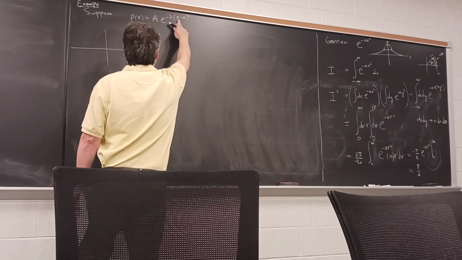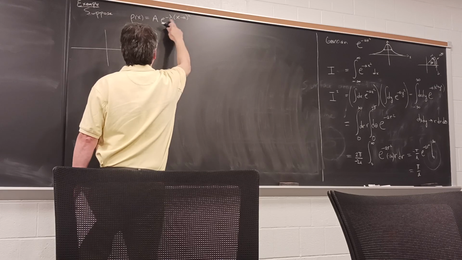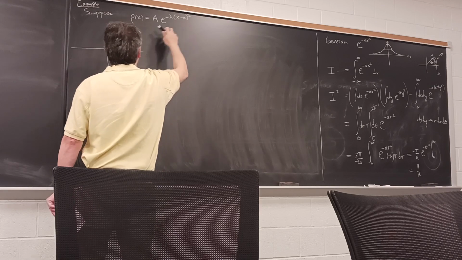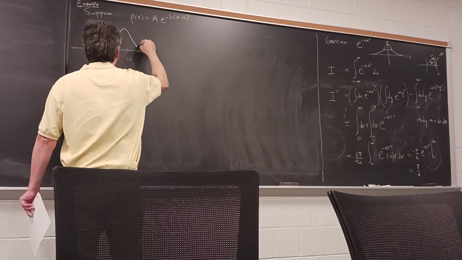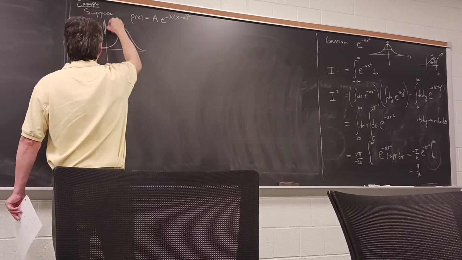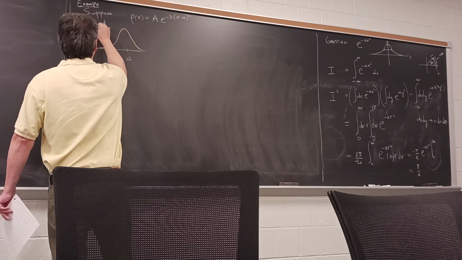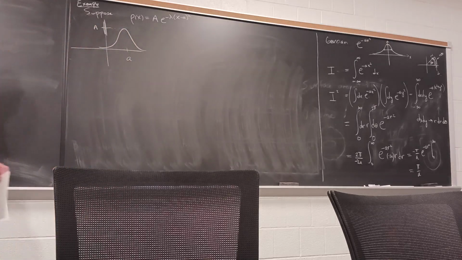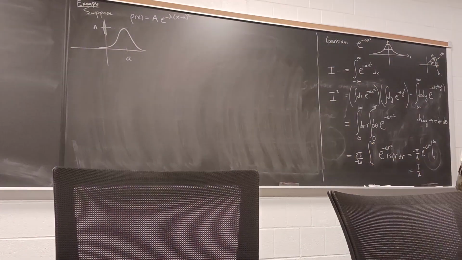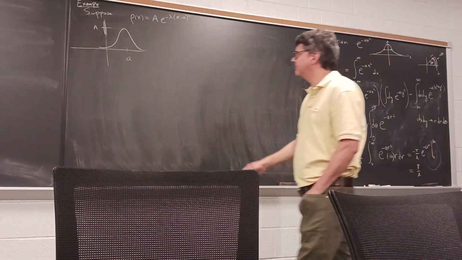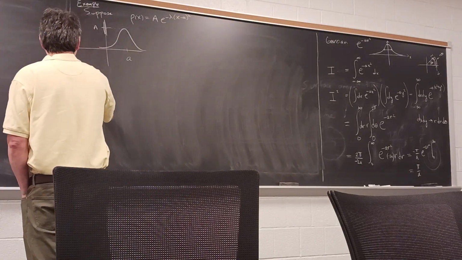When x equals a, that's when this goes to 0 and you get your maximum value. So at some a here, we have a maximum value. So the question here is, let's find capital A.